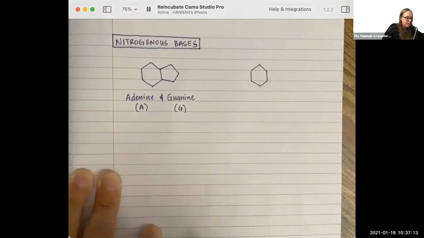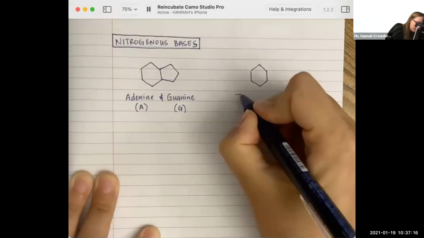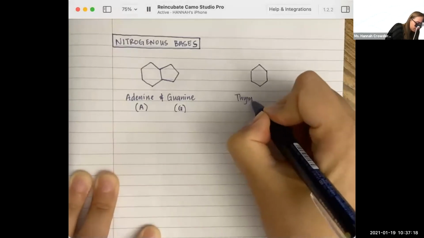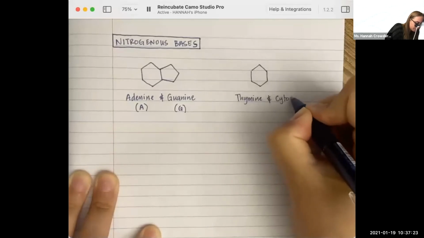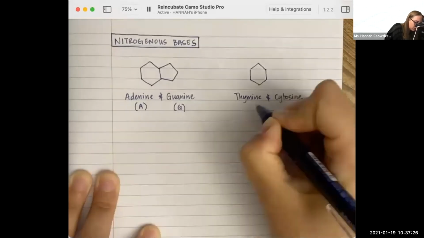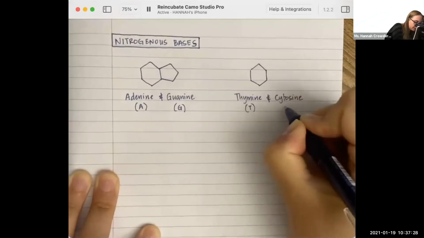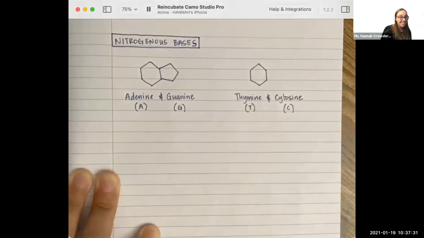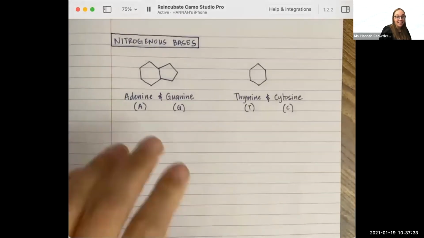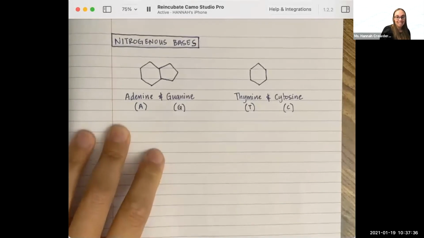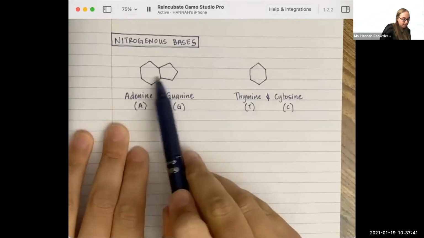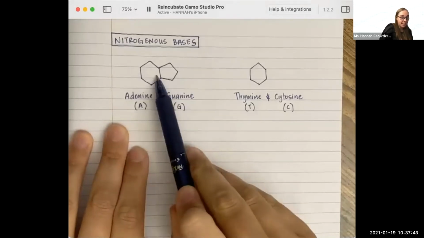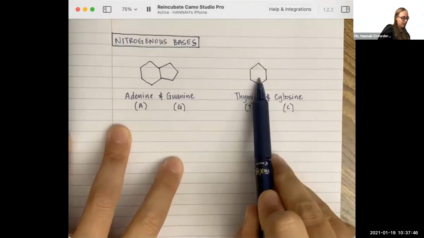Now this nitrogenous base could be either thymine or cytosine, which we are going to call, you guessed it, T and C, because we're lazy. Now, these two rings together make a larger base than this single ring.